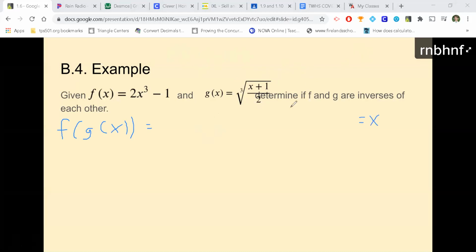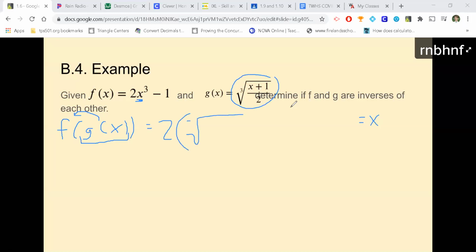That's the goal. If I take g of x and plug it into f, instead of writing x here, I'm going to write this. So it'll be 2 times the cube root of x plus 1 over 2, cubed, minus 1.